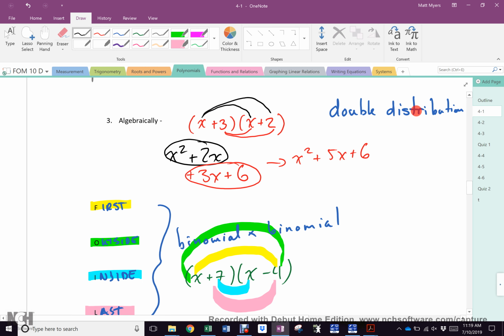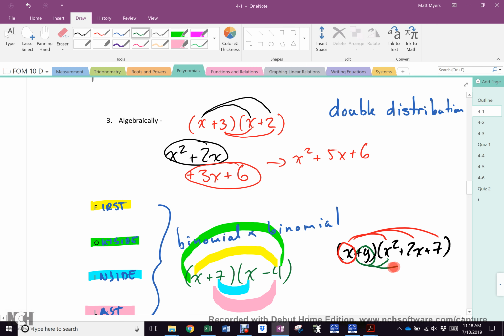So if I got something like this, FOIL doesn't work there, does it? First, oh, okay. Outside, okay. Inside, okay. Last, okay. You're missing something there, right? So I like to remember double distribution because that reminds me that this first guy has to hit all three. Then this second guy has to hit all three. Everybody cool?